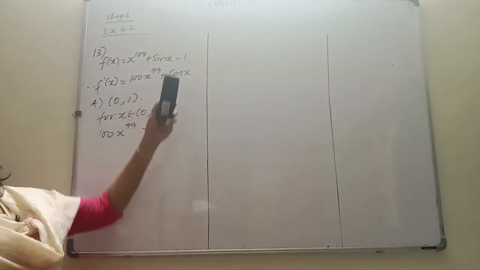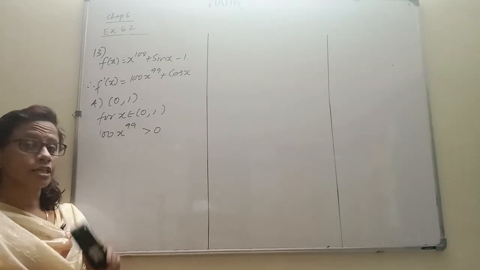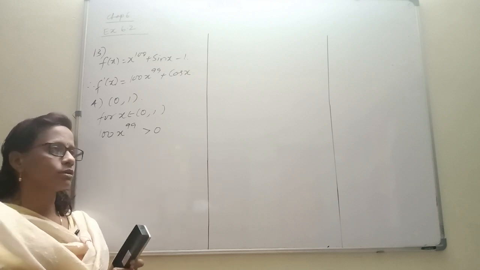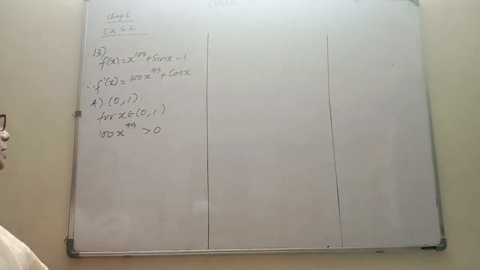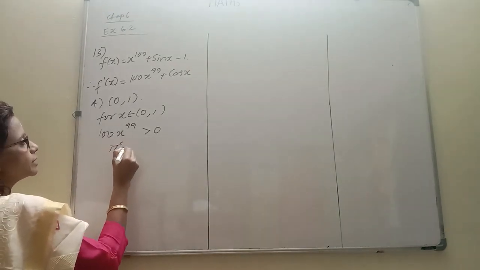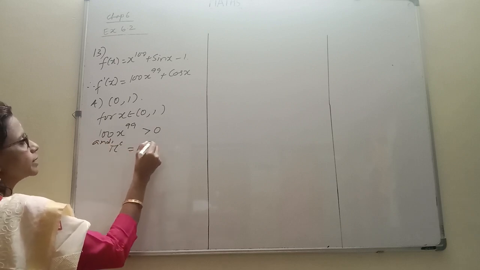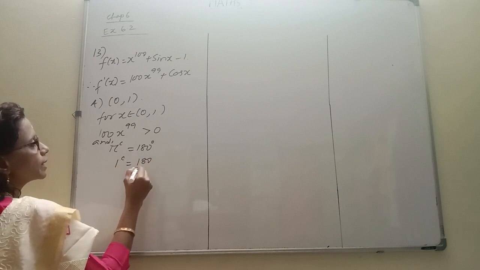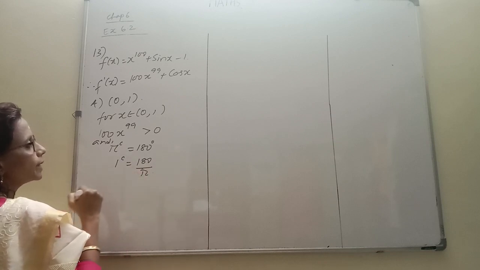Our next part is cos x. How is the cos x value between 0 and 1, that is, between 0 radian and 1 radian? That is also positive, but let's make ourselves understand how that happens. We all know that pi radian is 180 degree. So 1 radian is going to be 180 by pi degree.